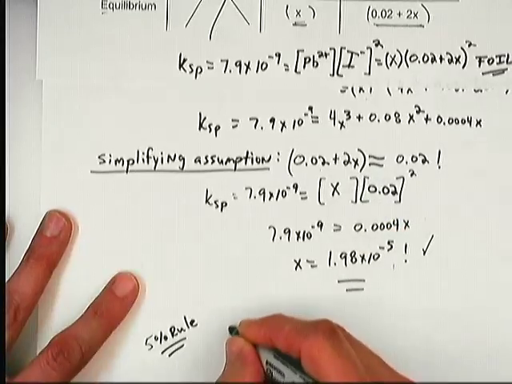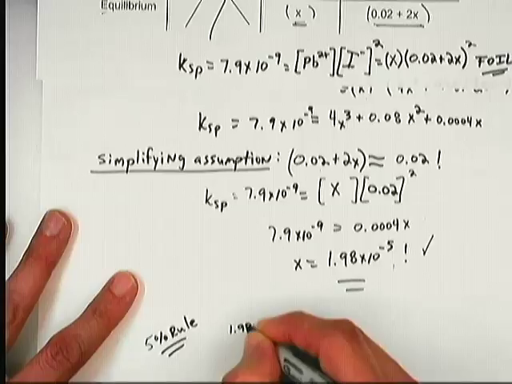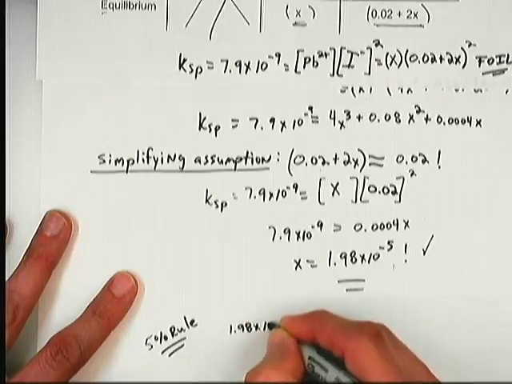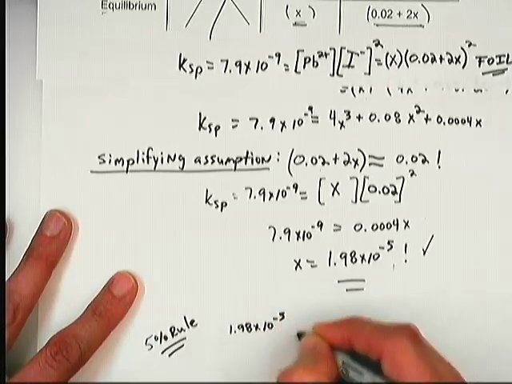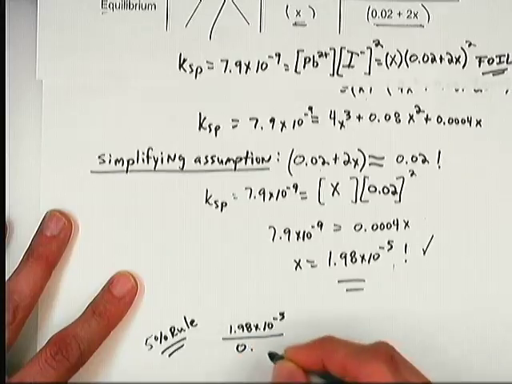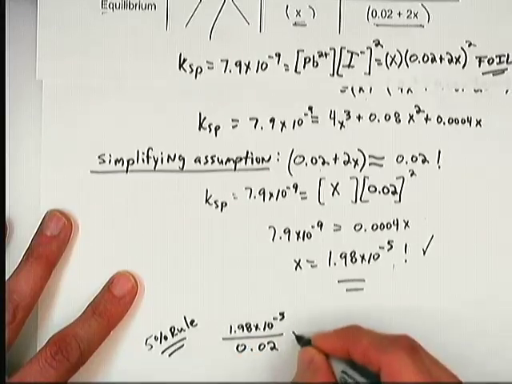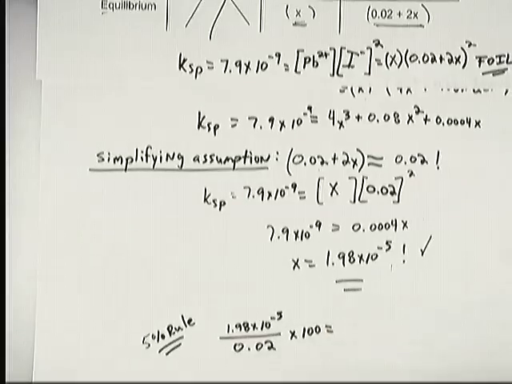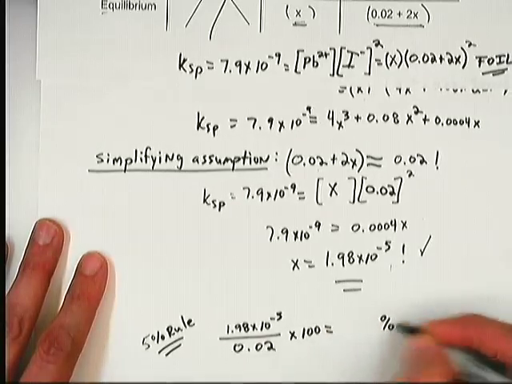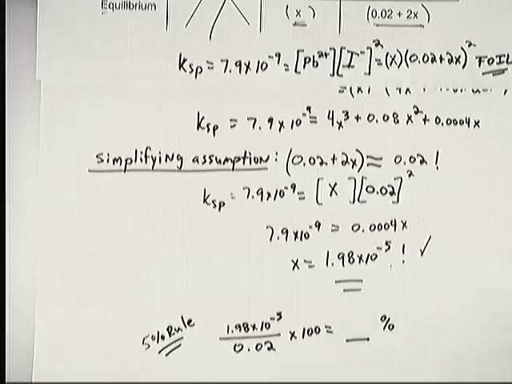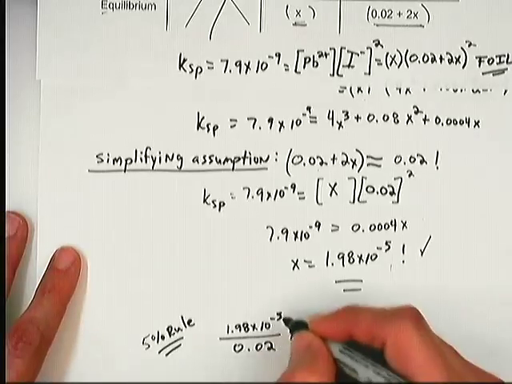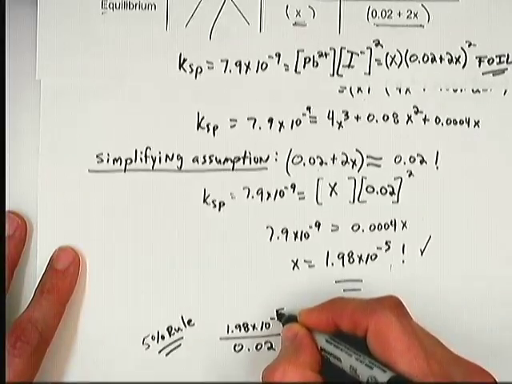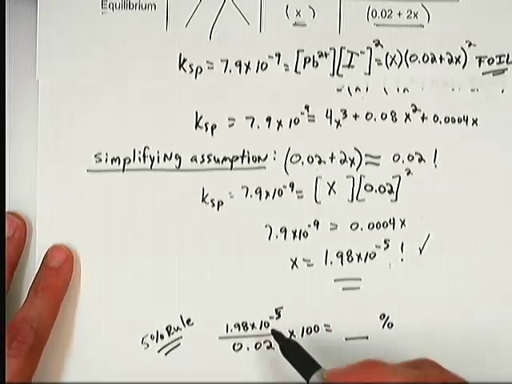So to do that here, I would take my x value divide it by the 0.02 and multiply by 100 to express it as a percent. And this was 10 to the minus 5 as well. It almost looks like a 3, but it's a 5, okay?